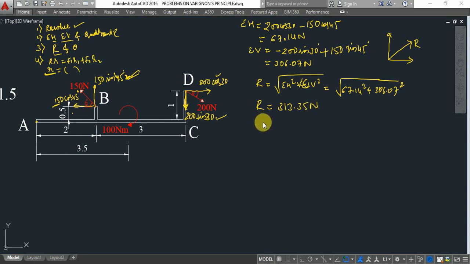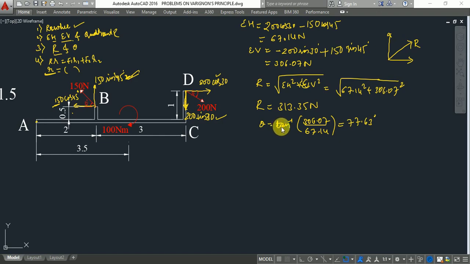And theta is equal to tan inverse of the summation of vertical divided by the summation of horizontal, that is 306.07 divided by 67.14. So theta will be equal to 77.63 degrees.